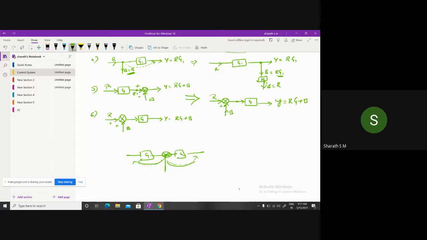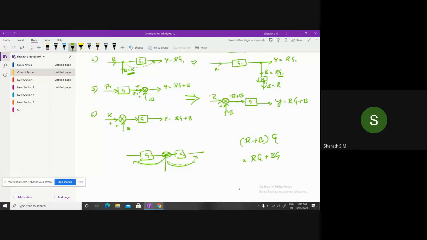Here we have r and here we have the variable b. Here it's a summation point, so that gives r plus b. And r plus b is going to make a product here with g. So r plus b is going to multiply with g, so that is equal to rg plus bg.